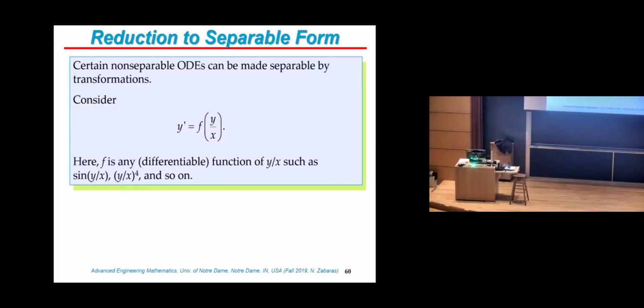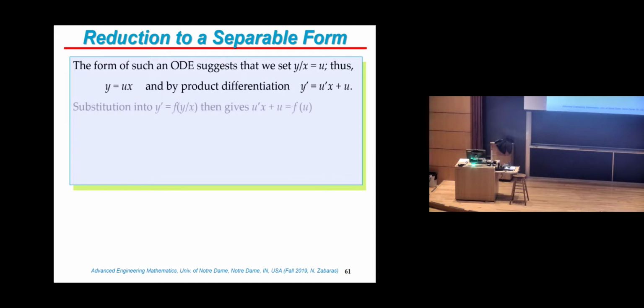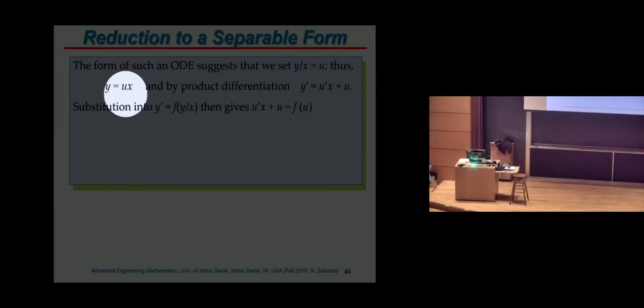It can be a function, can be a sine. So how can you solve it? The idea here is we're going to define a new function, u, that is y over x. That would be an obvious substitution. We're going to change variables from y to u. So this is my definition: u is y over x.